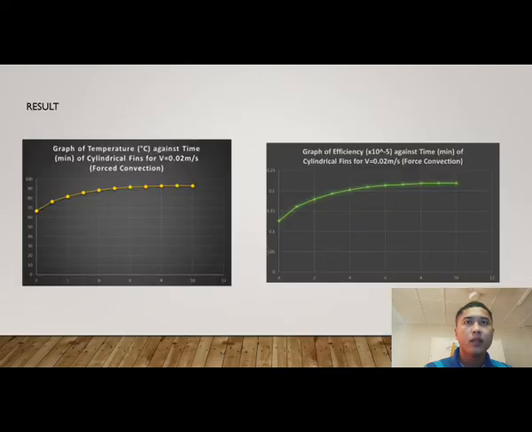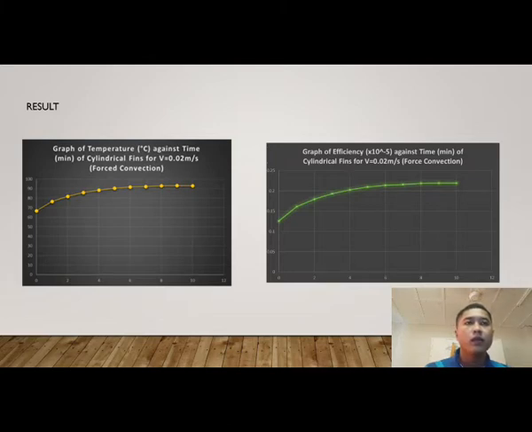Okay, next, this is the result from the data. At the left, it shows the graph of temperature against time in minutes of the cylindrical fin for V equal to 0.2 meter per second for forced convection. From the graph, it shows that when the time increases, the temperature also increases.